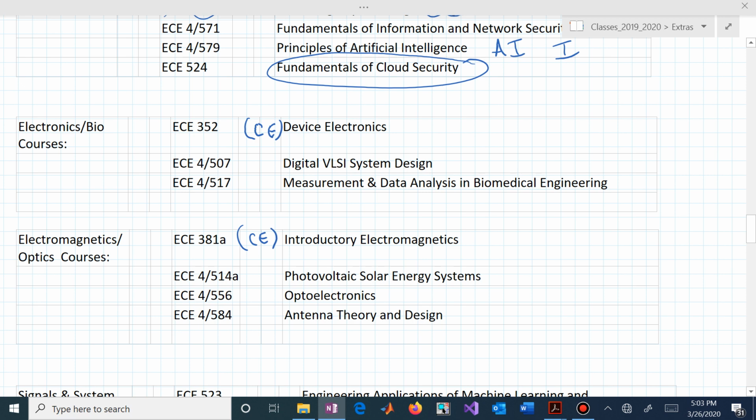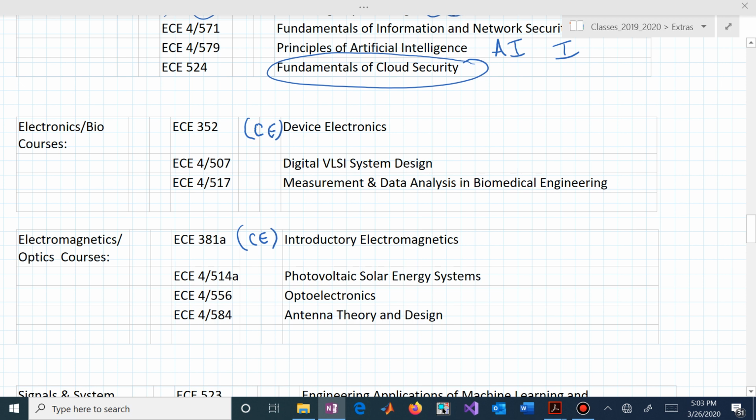Digital VLSI system design. Now you're looking at the digital aspect in very large scale integrated systems, and that's now sort of the digital version of what you might see in a 450, 550.